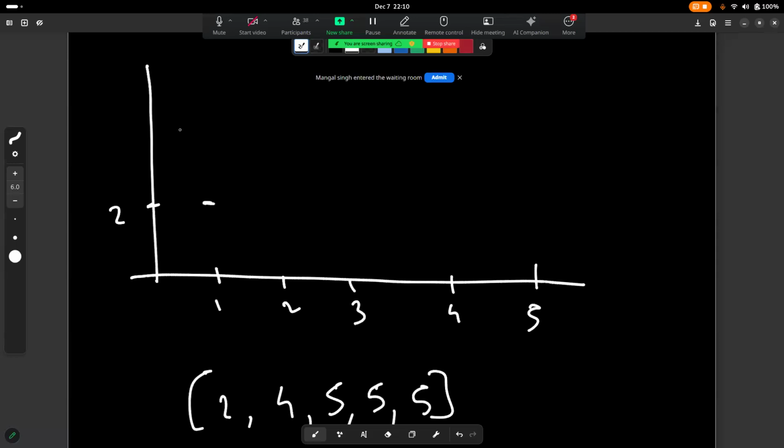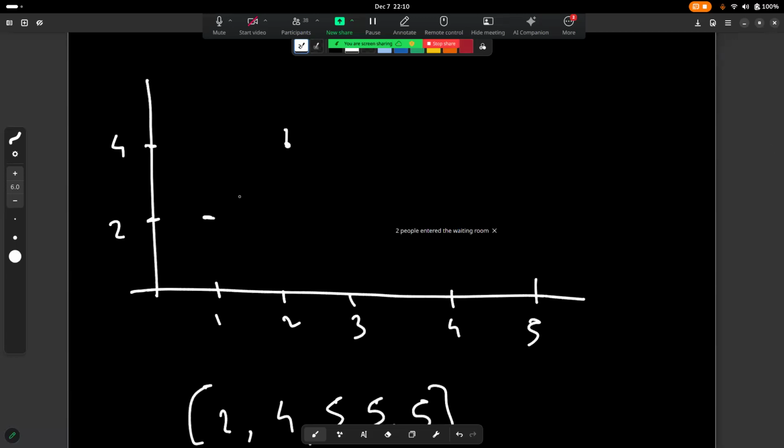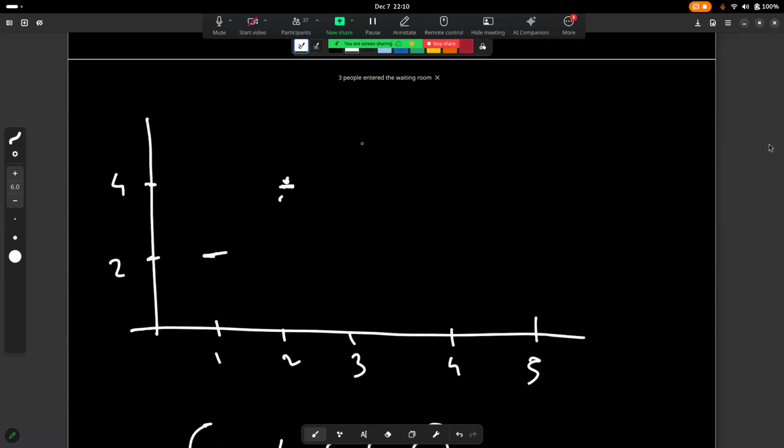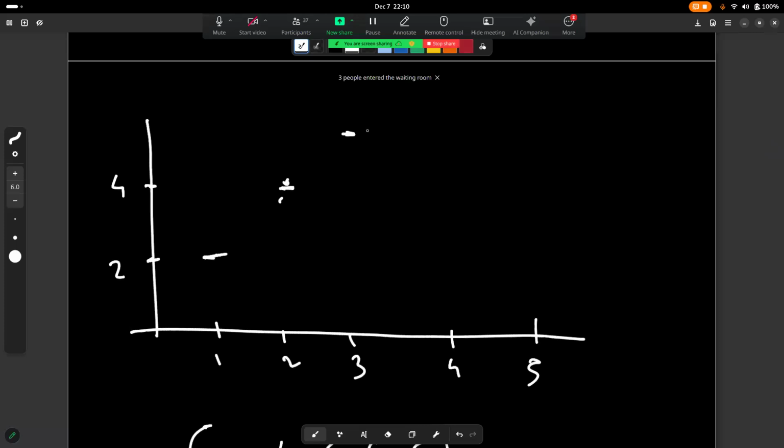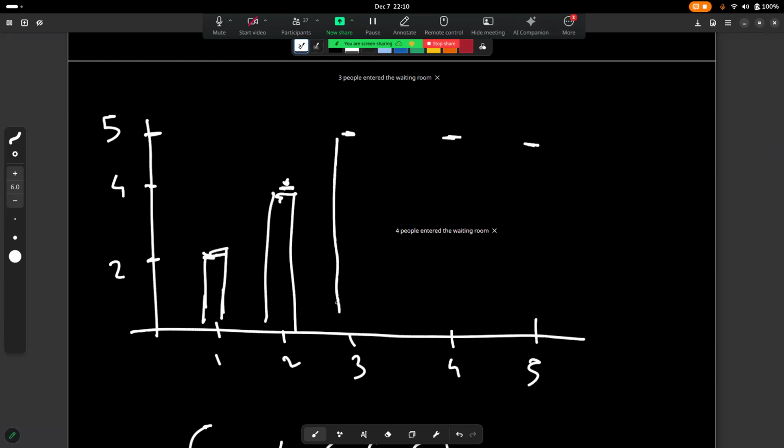The second element has a value of 4. The third, fourth, and fifth elements have values of 5. Actually, we are considering the sorted array over here. So basically our array kind of looks like this.